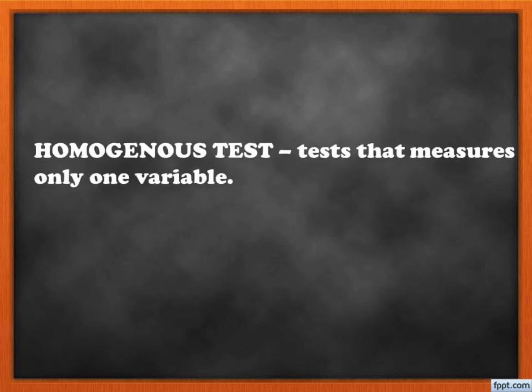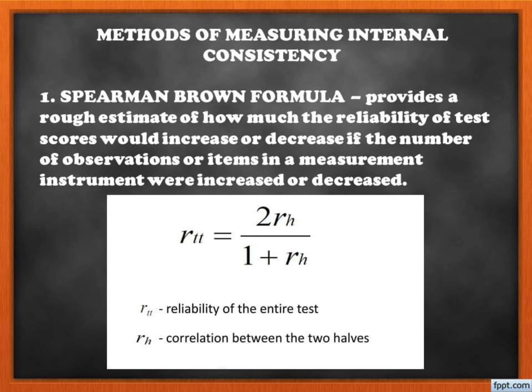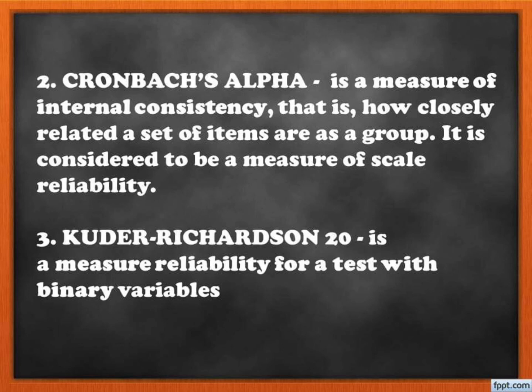Kapag nahati ang test, may chance na bababa ang internal consistency. Para masigurado na may internal consistency pa rin ang test kahit nahati na ito, pwede tayong gumamit ng Spearman-Brown formula. Aside from Spearman-Brown formula, we can use other methods of estimating internal consistency. Number 1 is the coefficient alpha.